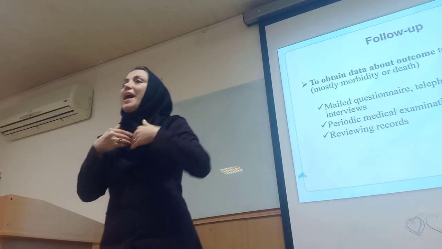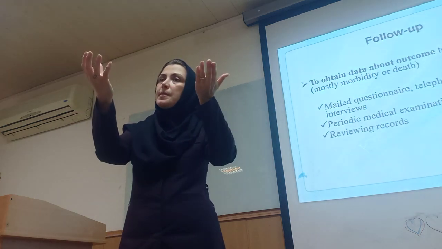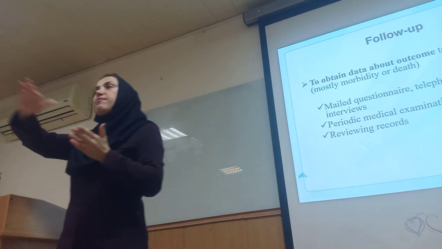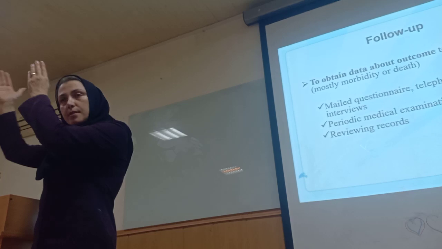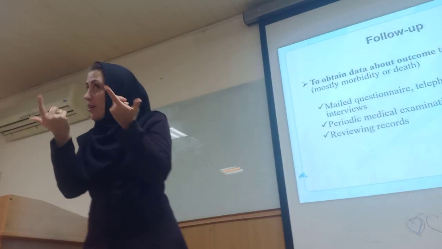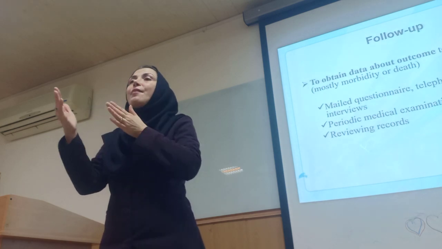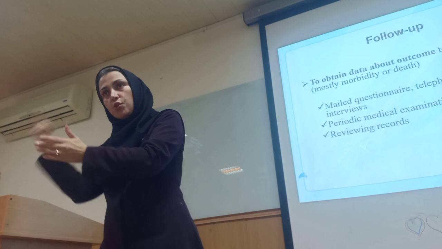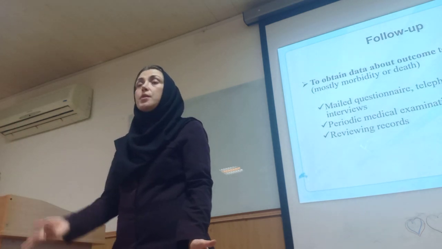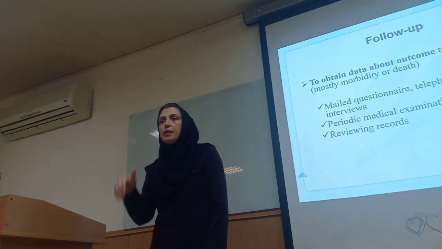So we may have many exposures and have two groups considering each exposure and follow them and assess several outcomes. Based on your budget, based on your human resources, you may have different questions in your mind and answer to this question.